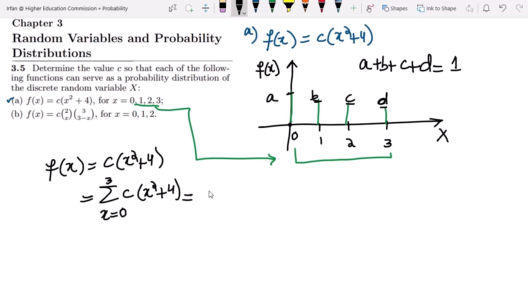What will I get here? I will get c, let me start it from 0, so it will be 0 square plus 4, okay, then plus c, and then I have to write x.